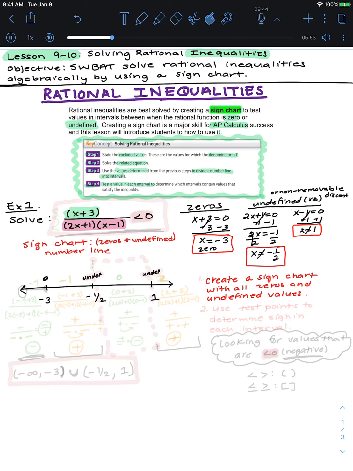Okay, and then after that, you're going to go ahead and use test points to determine the sign in each interval.